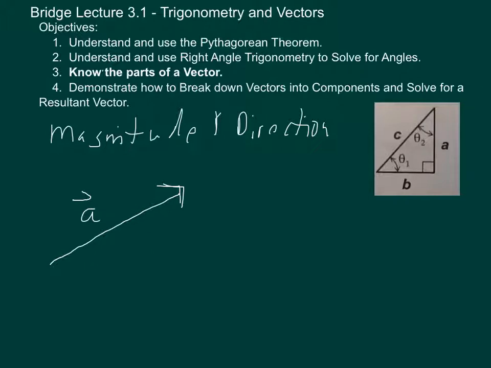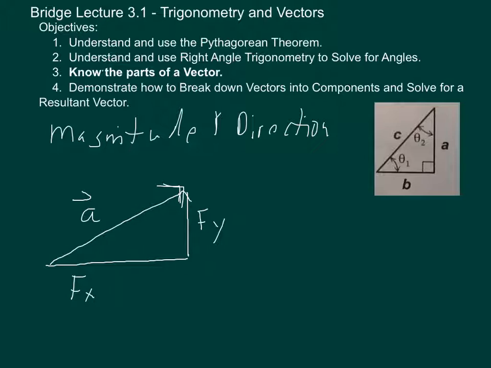So let me give you a quick example. We have our vector A. Here's what we do to break down the components in the x direction and the y direction. This vector A is represented by the force in the x direction as well as this force in the y direction.